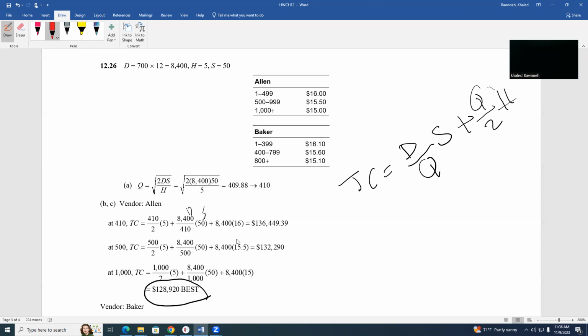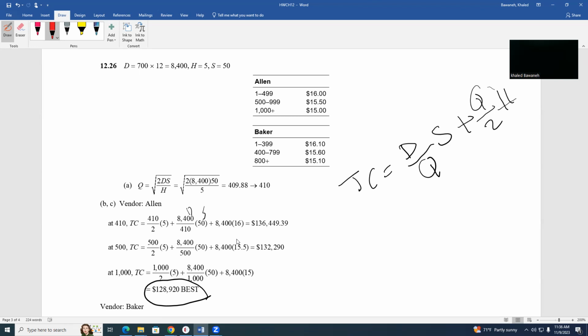You always average. So times 5. Plus the setup cost: how many times? The total inventory is 8,400, right? The annual demand divided by your Q. That's what we did for the first one.